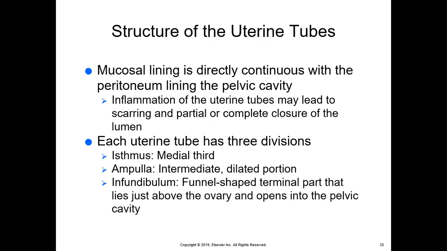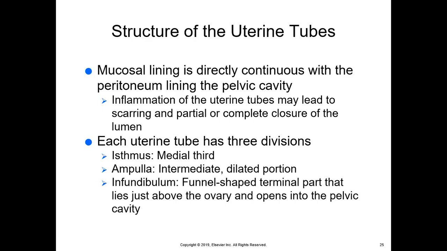You can get inflammation of the uterine tubes that can lead to scarring and partial or complete closure of the lumen in the uterine tubes. Inflammation is typically in response to an infection. And the infections that we typically see in the uterine tubes are from sexually transmitted diseases. If that disease travels and gets to the uterine tube, it can cause inflammation.